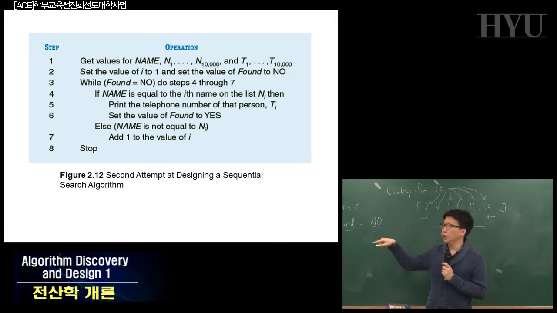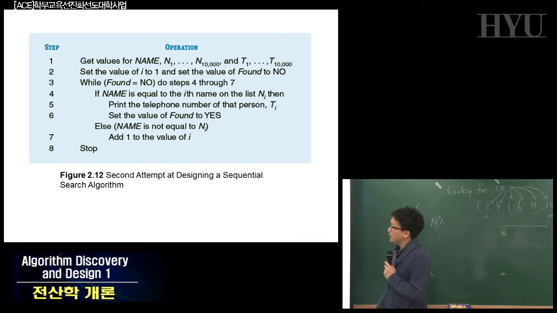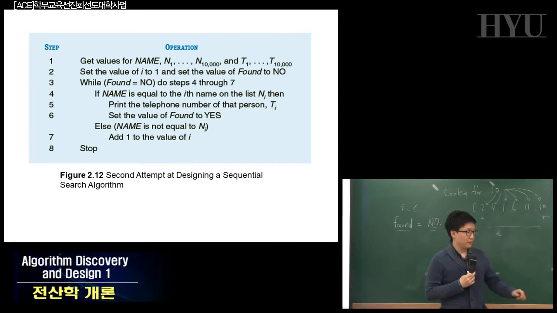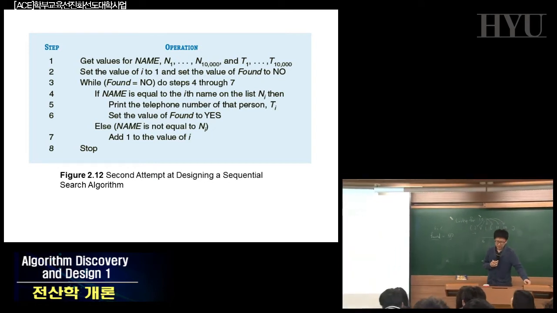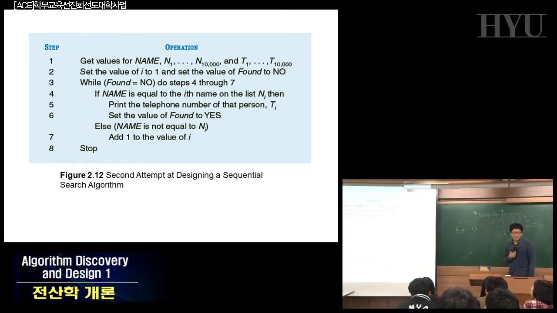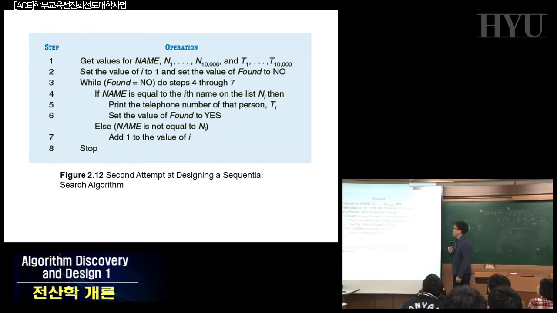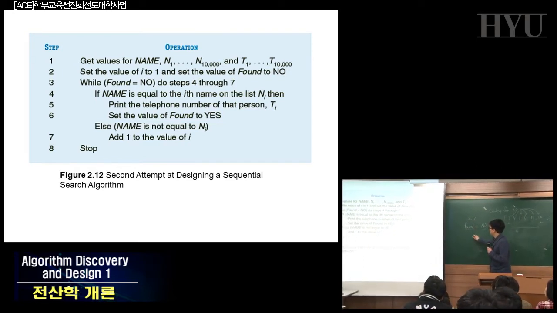So I can go into the loop. While found is no, let's do steps 4 to 7. If the given name, let's say Young, is equal to the ith name on the list, ni, so I'm going to probably do this.